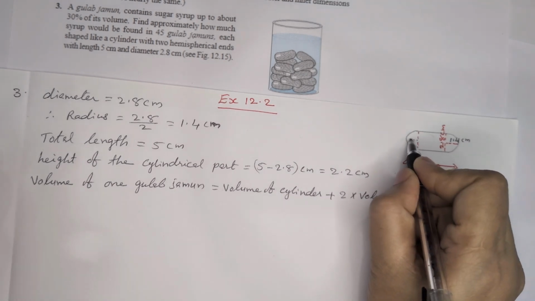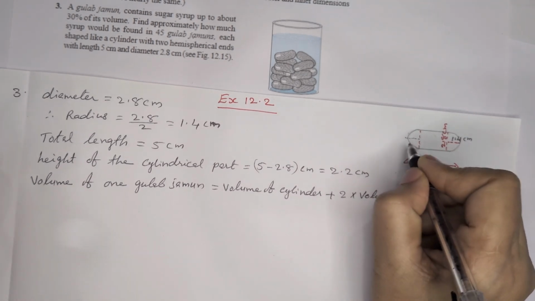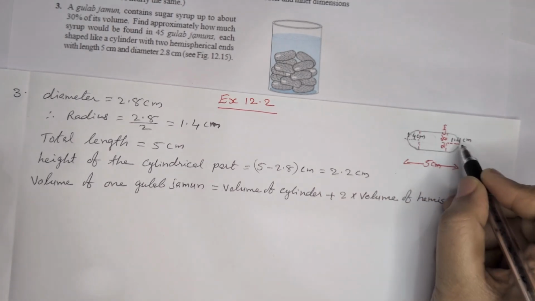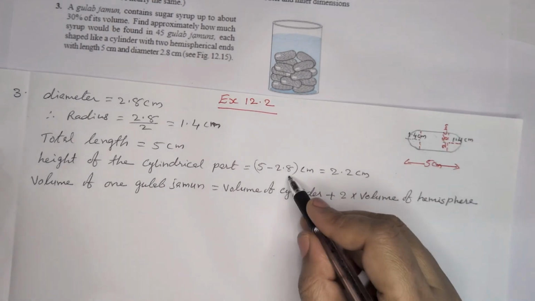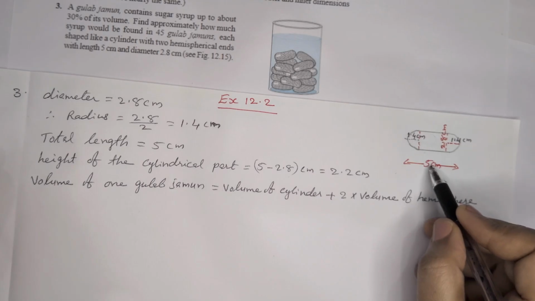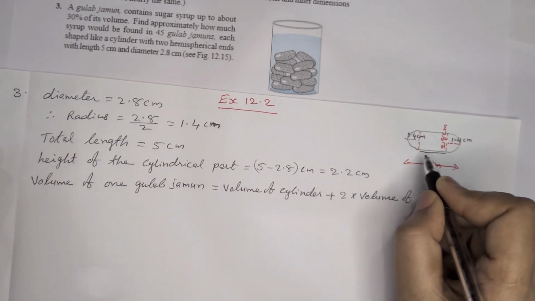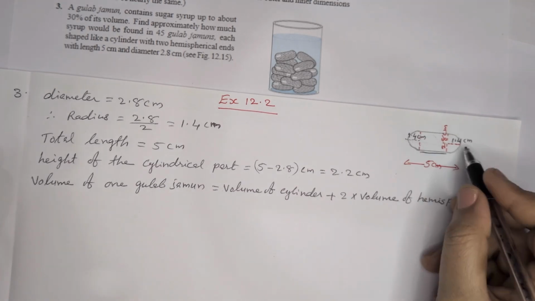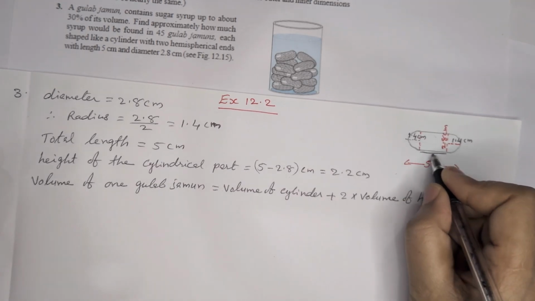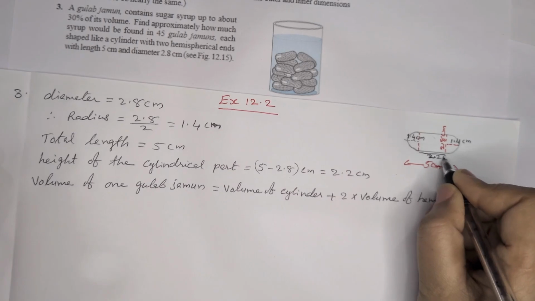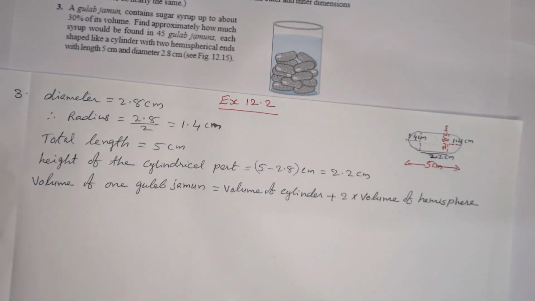In the same way the other side is also 1.4. So 1.4 plus 1.4 is 2.8. That we have to subtract from 5 to get the cylinder height. So 5 minus 2.8 is equal to 2.2 centimeter. That is the height of the cylinder.